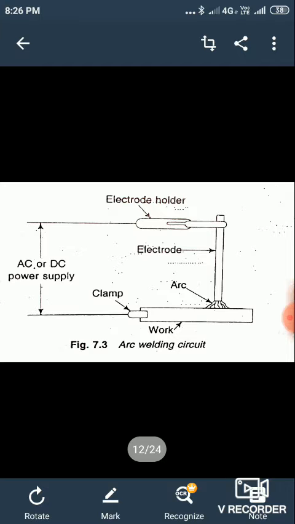There are the following three types of polarity: DC straight polarity, that means DCSP; second, DCRP, direct current reverse polarity; third, AC polarity.